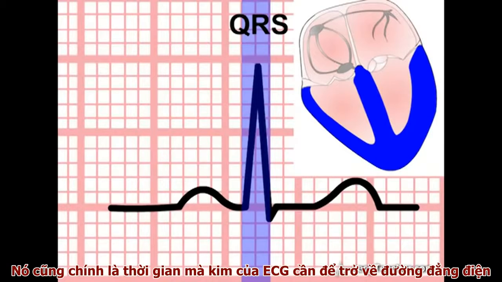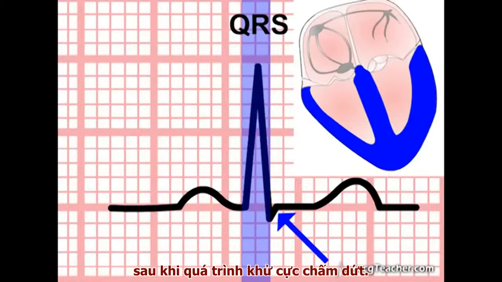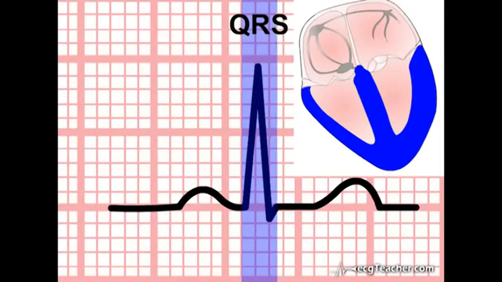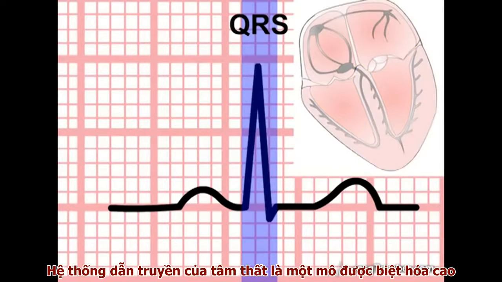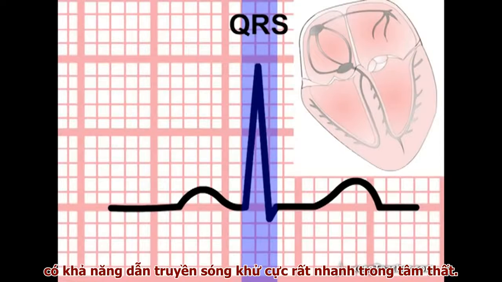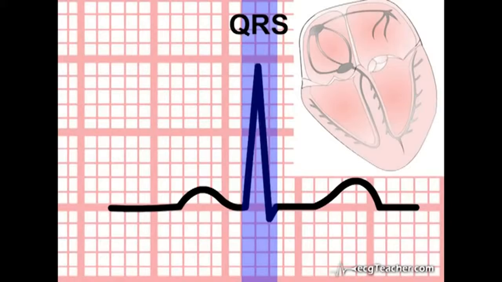It also includes the time taken for the recording needle to return to baseline when the flow of depolarizing current in the ventricles has ceased. The conducting system of the ventricles is a highly specialized tissue capable of transmitting the depolarization wave rapidly around the chambers.